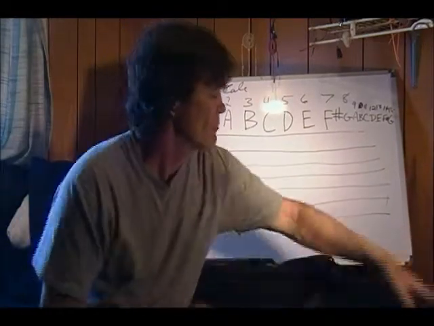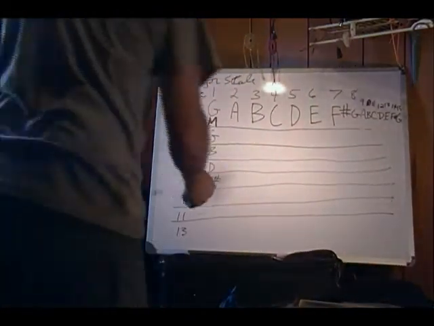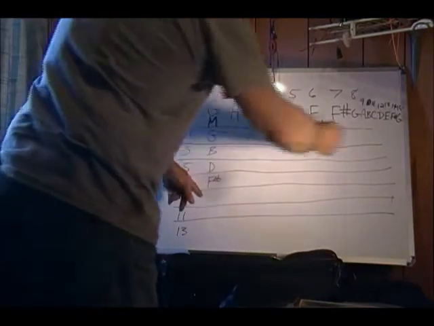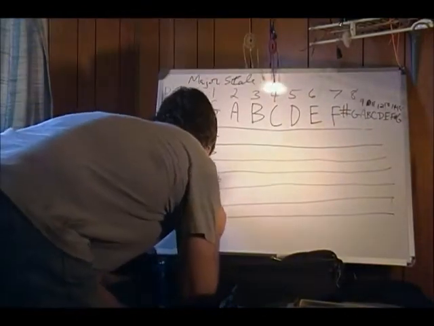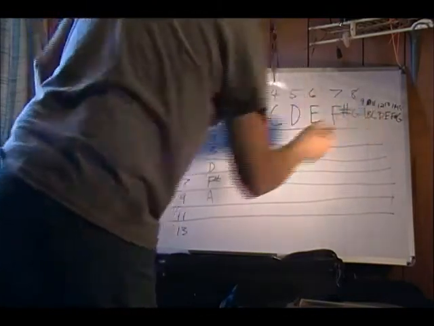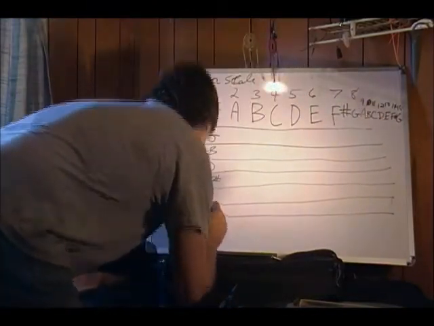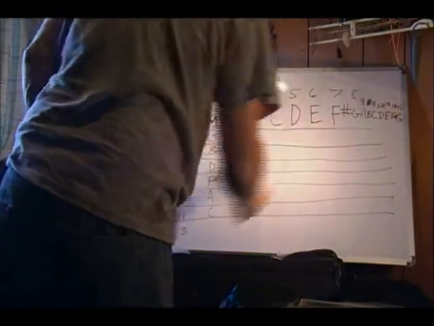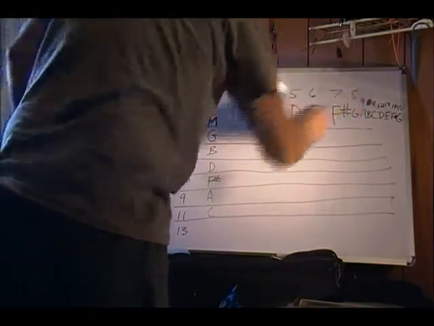Pretty chord. So, if we go to add the 9, we add the A. Alright? If we want to make it an 11, we add a C. And if we want to make it a 13th, a G major 13th, we add an E.